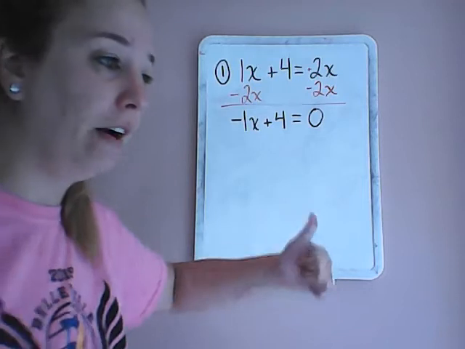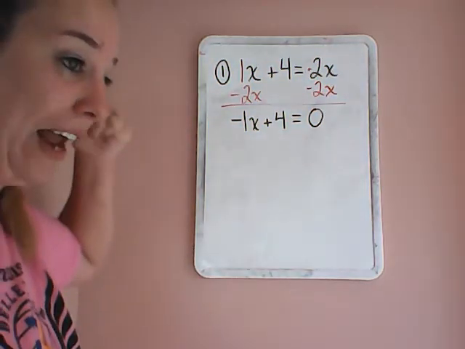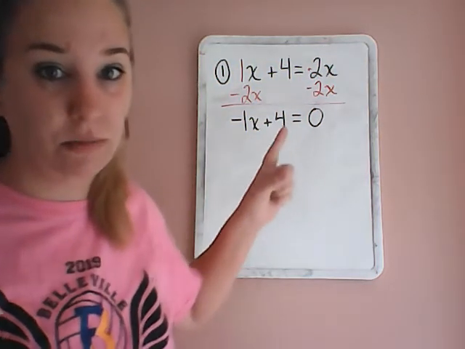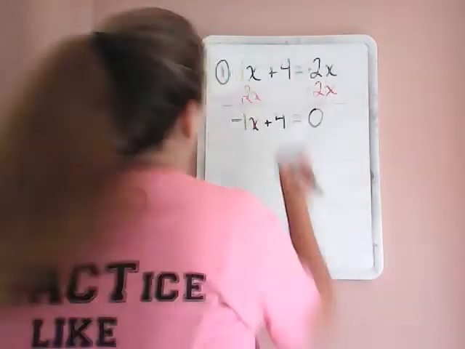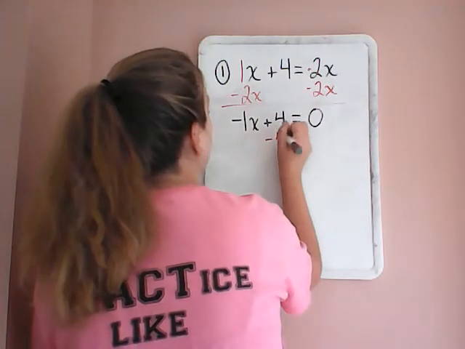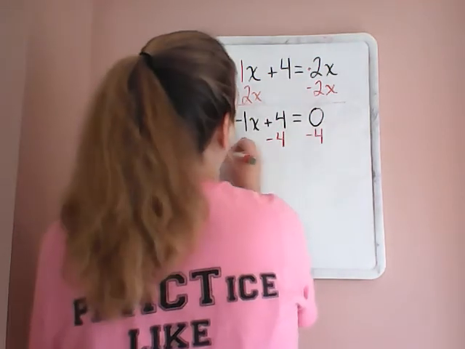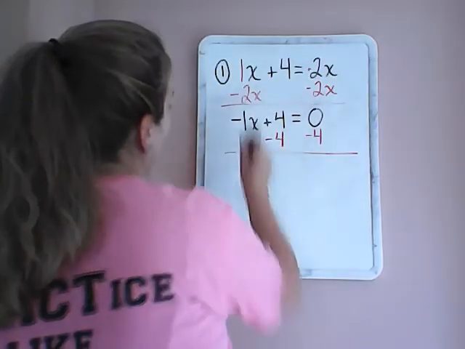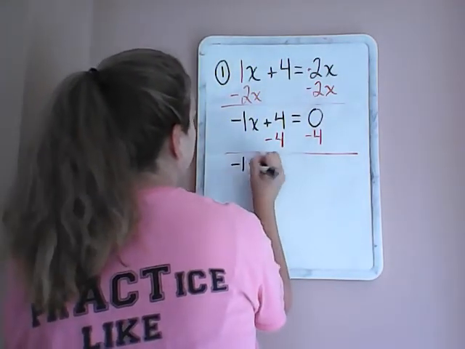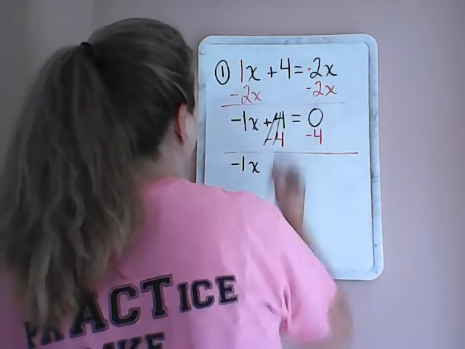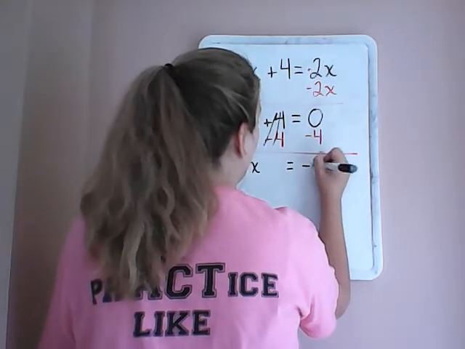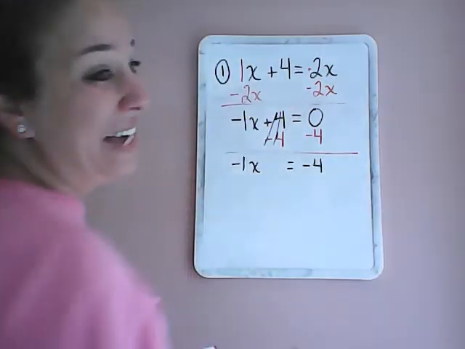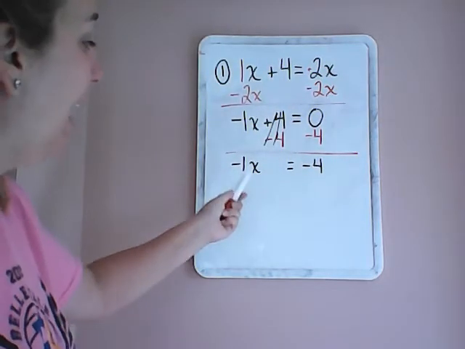Now that we have our variables over here, let's get our constants, which is just meaning like numbers, over to the other side. So this 4 has got to go. We're going to subtract 4. Negative 1x comes down. 4 minus 4 is 0. Equal sign comes down. 0 minus 4 is negative 4. Now, we have to get the x all by itself.